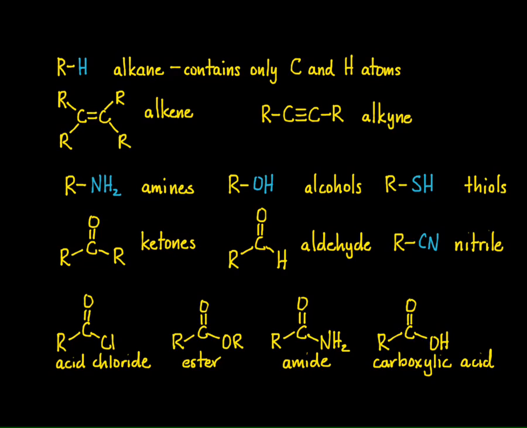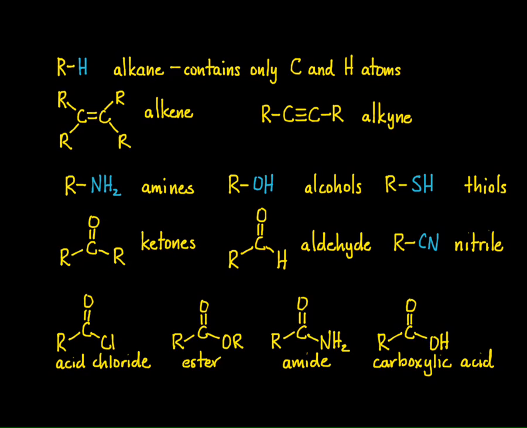And acid chlorides, esters, and amides are derivatives of carboxylic acids. So this is a brief preview of some of the functional groups. I'm not showing you all of them, but you can go back in your textbook on that front cover and look at all the various types of functional groups.